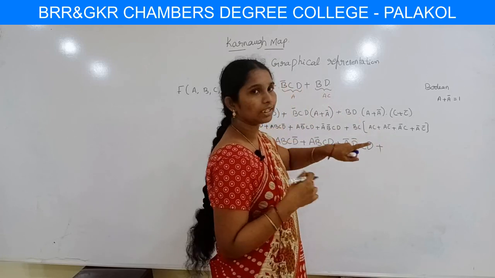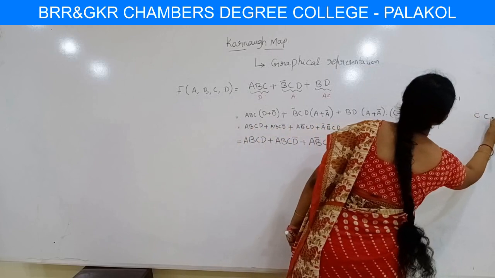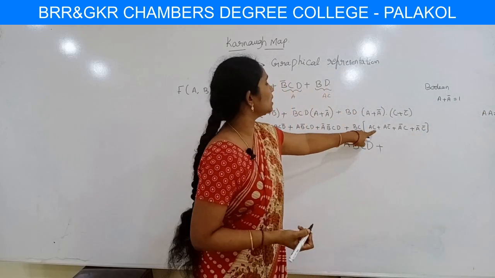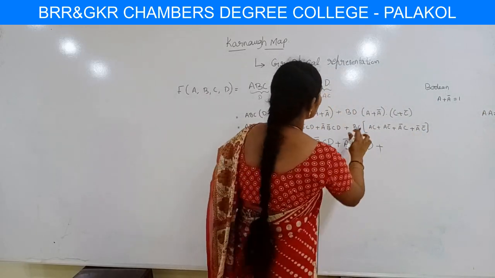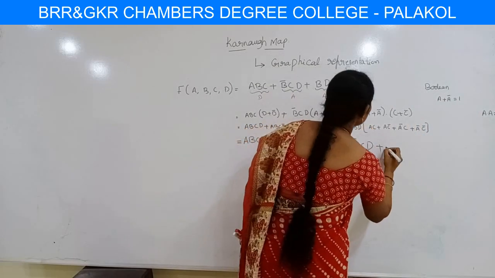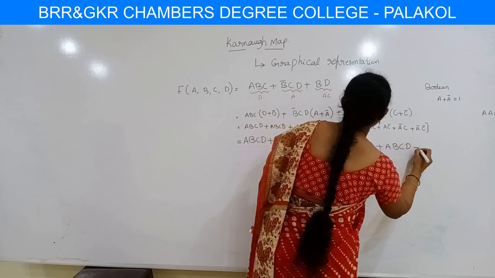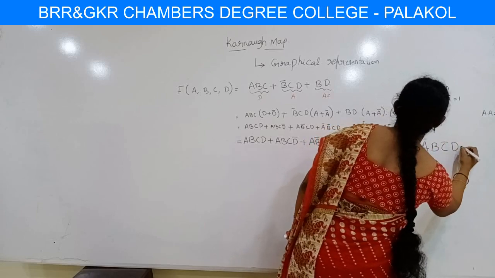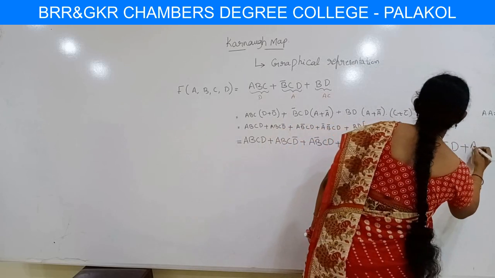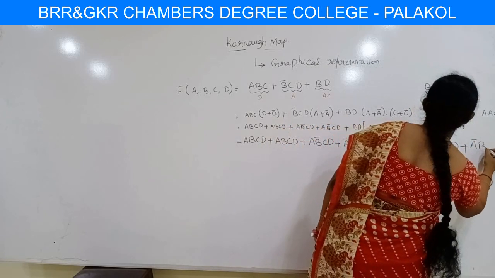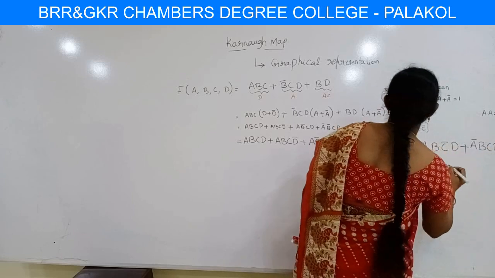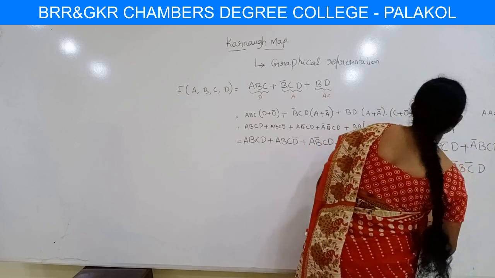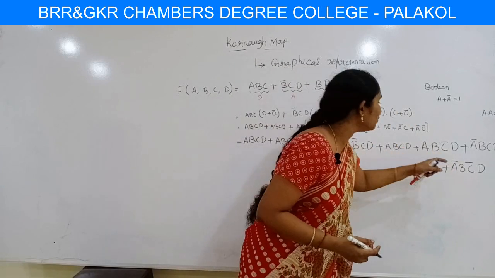Here C dot C is C, from the Boolean laws: A dot A is equal to A. So that's why C dot C is equal to C. Here this is not C, this is D. So it is ABCD plus ABC bar D, and after that A bar BCD, and plus A bar BC bar D. Likewise you have to simplify this expression.